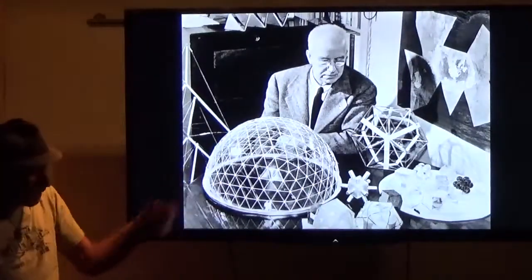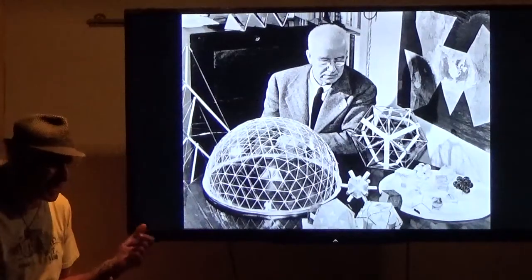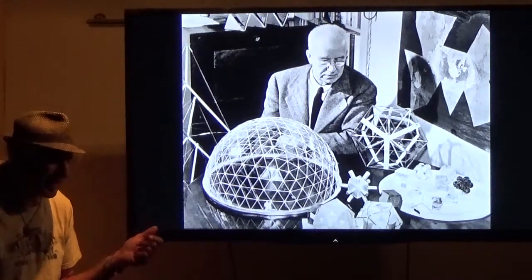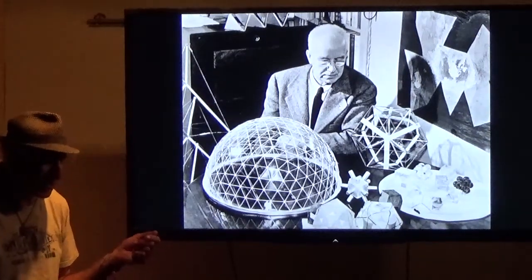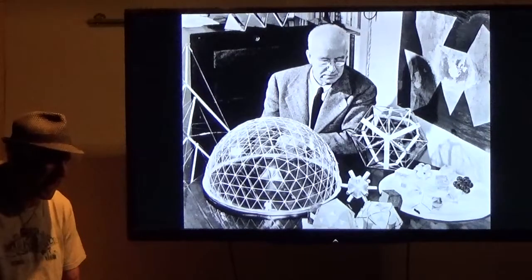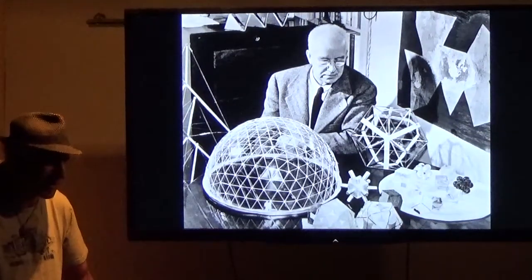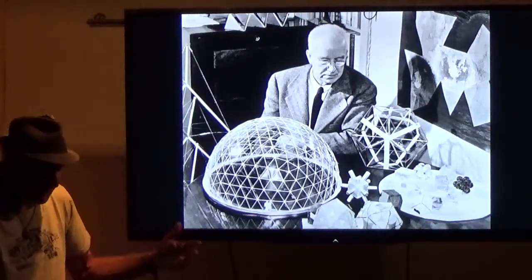And here, of course, is one of his models of a geodesic dome, but he had this concept called the design science revolution. It's the application of our highest technological capabilities to enable all humanity to live sustainably at an unprecedentedly higher standard of living than has ever been experienced by any. And it can be accomplished while phasing out future use of fossil fuel and atomic energy, and living entirely on sun-derived energy.